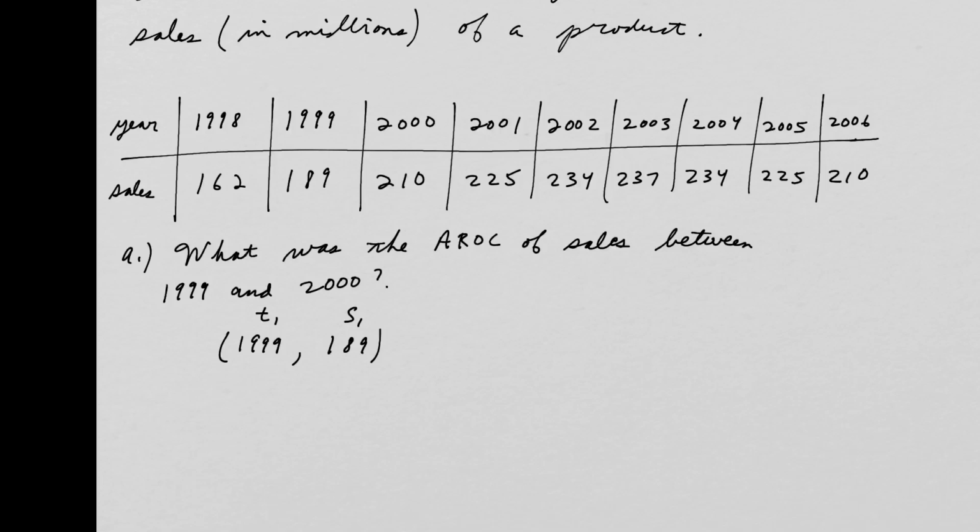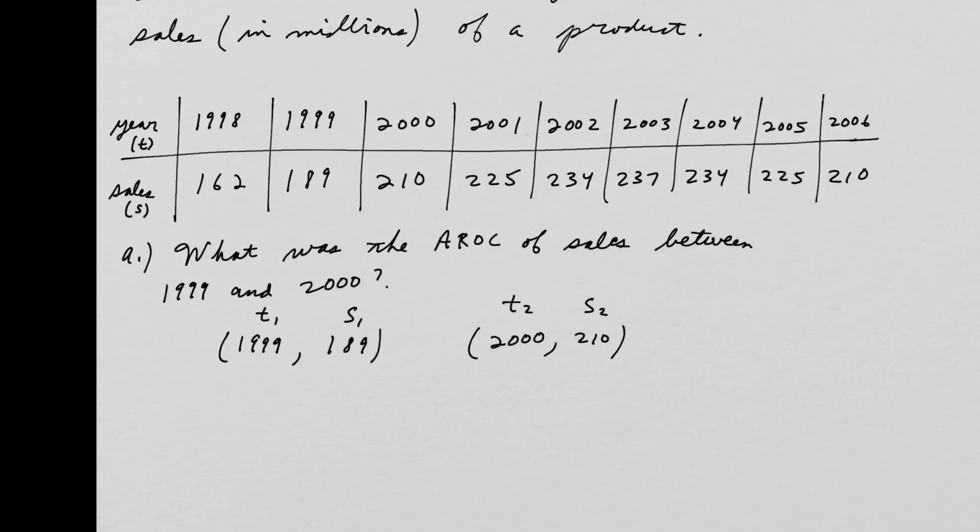So think of the year as being my variable T, and sales as S. And then for 2000, I have the ordered pair 2000 corresponds to sales of 210. So this is T2, S2.